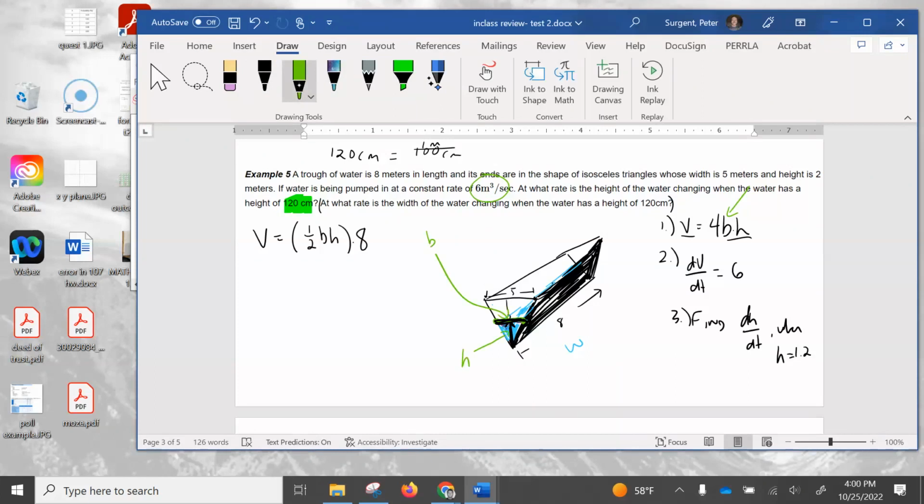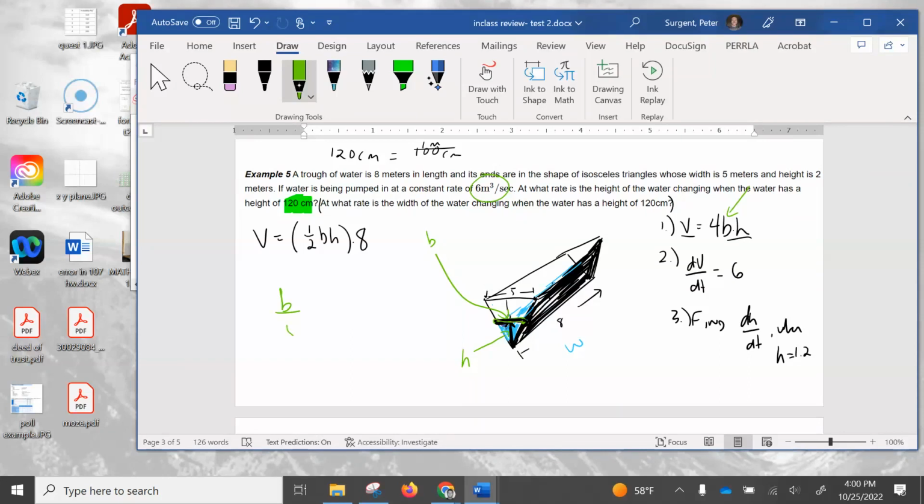Okay, so remember the similar triangle. So you have that little triangle, which I've labeled the base B and the height H, and I have the bigger triangle whose base is fixed at 5 and whose height is fixed at 2. Similar parts of similar triangles are equal, or the ratio of similar parts of similar triangles are equal.